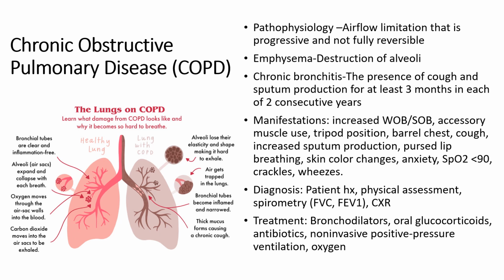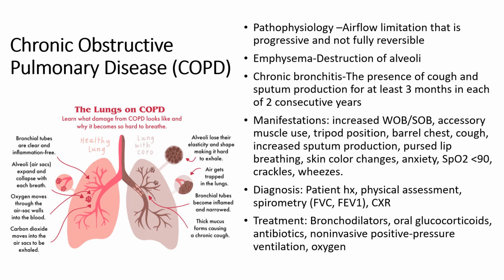So these patients, as the disease gets worse, are going to have an increased work of breathing and shortness of breath. You'll see accessory muscle use with them. You might see them in a tripod position, which is when they're sitting at the edge of the bed, leaning forward. They might have a barrel chest, which I spoke about briefly earlier, so the diameter of their chest might be 2 to 2 rather than 1 to 2.